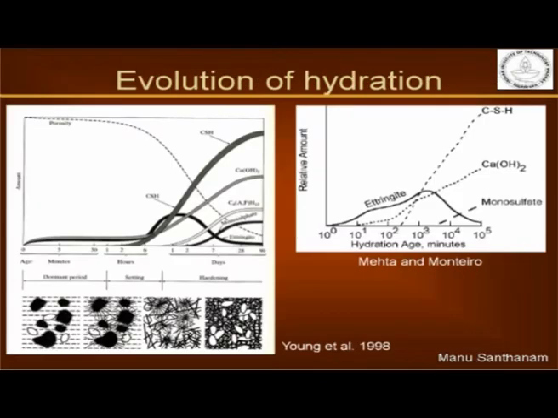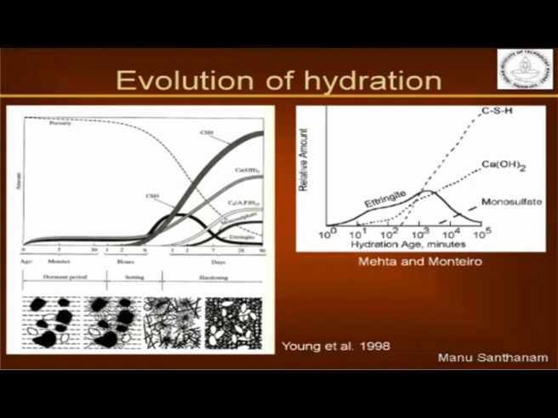How are these hydration products actually filling up the space? If you look at the bottom left, the small graph that I am showing you just shows a picture of what happens when you put cement inside water. The black particles are those of cement, being put inside water. As I told you, as soon as cement is put inside water, there is some early hydration and a barrier layer just forms on the surface of the cement particles.